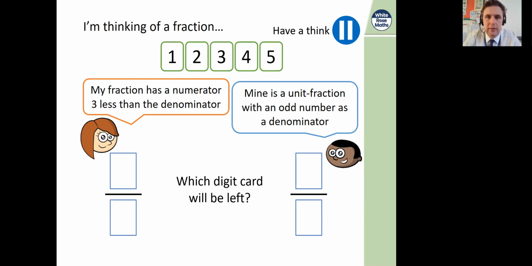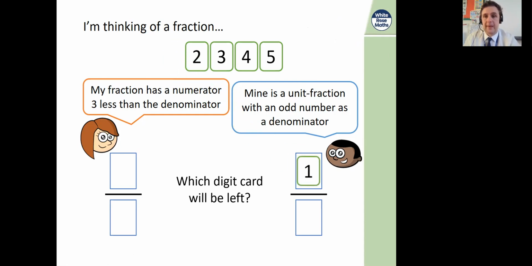Okay, so, like I said, my clue was to start with the boy's one. Do you know why it was a good clue? Because it says he's got a unit fraction. Well, if he's got a unit fraction, we know that his numerator is going to be 1. Okay, so that takes out one of them altogether straight away. So we're only left with 4.